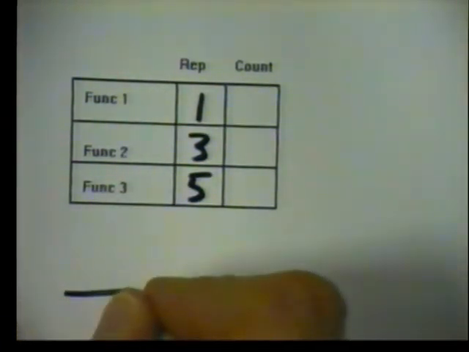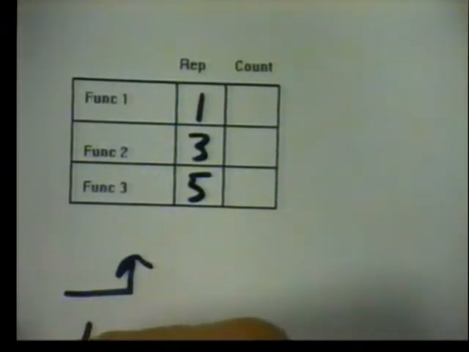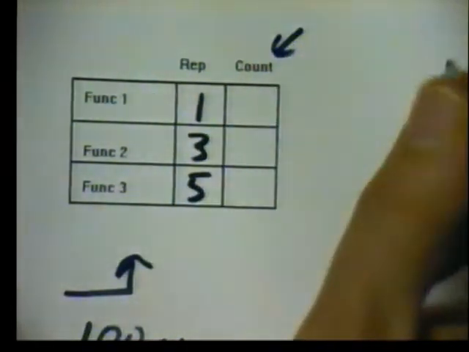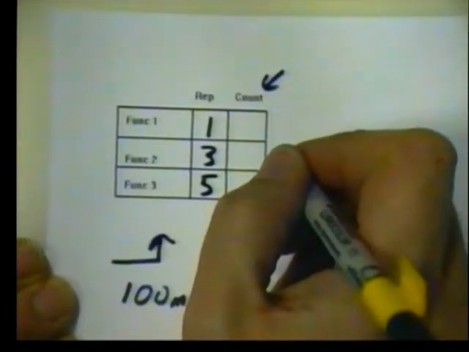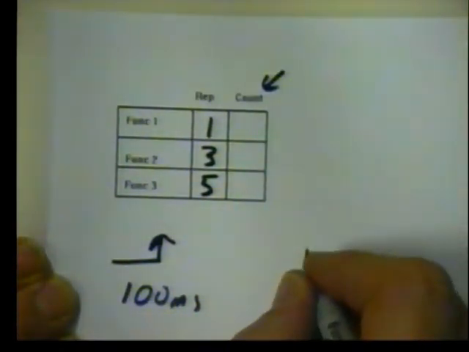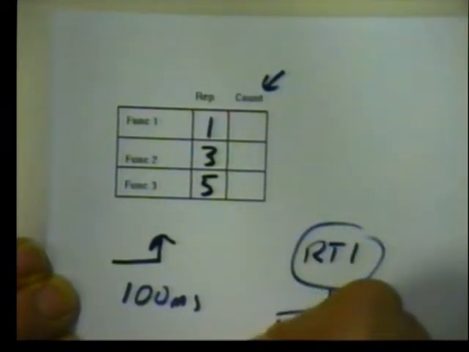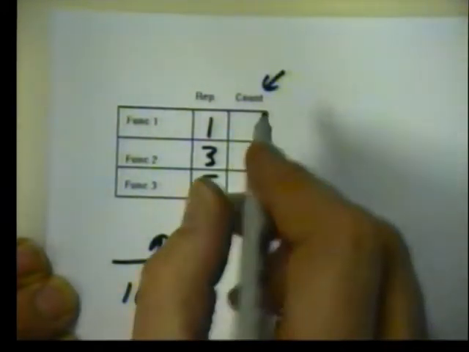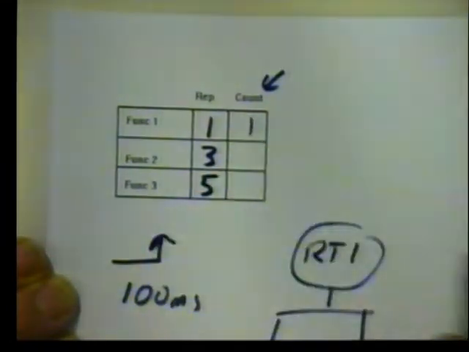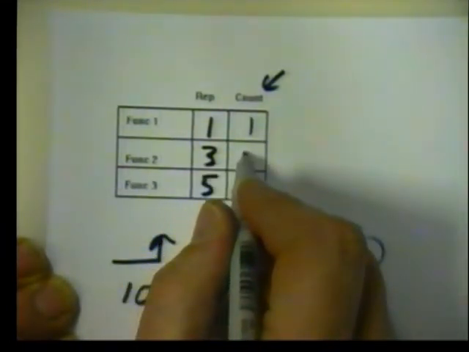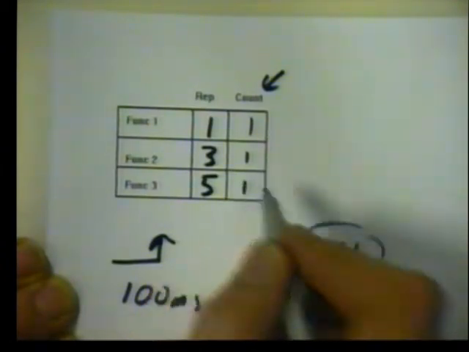Every time the 100 millisecond event occurred, the count fields were incremented. This happened inside the ISR. So we had a real-time interrupt, and it did the incrementing of the count. So if that was 0, that would go to 1.